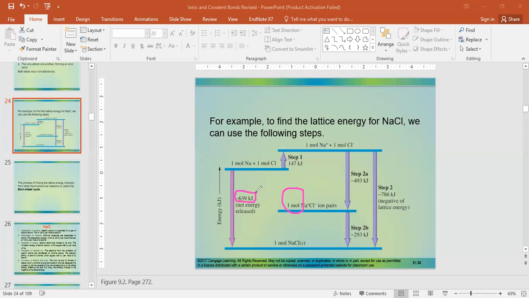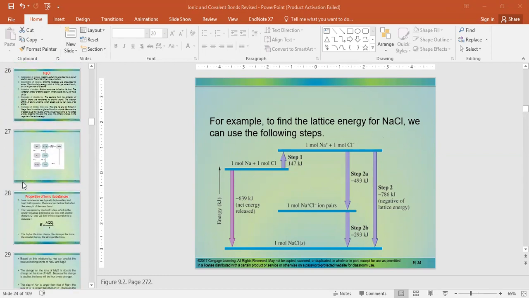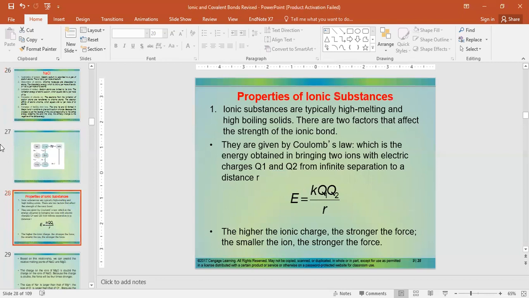And where is that energy coming from? That energy is going to come from all these processes that we are talking about here. So it is a function of all those processes. So that is the absolute energy of the bond that you get. Yeah, thank you.